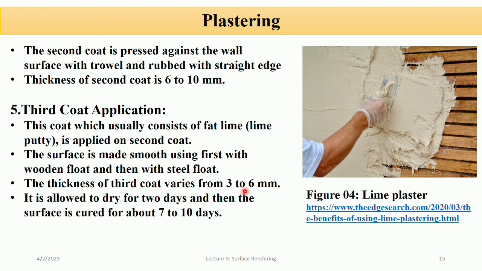It is about 3 to 6 millimeters in thickness. It is allowed to dry for 2 to 3 days, and then the surface is cured for 7 to 10 days. So lime plastering is suitable for the internal rendering of buildings, but it is not commonly adopted these days.